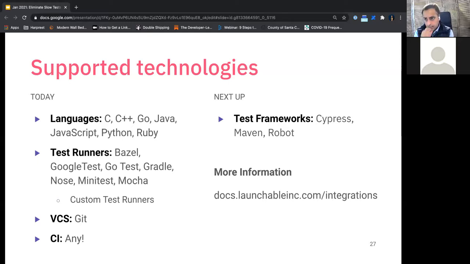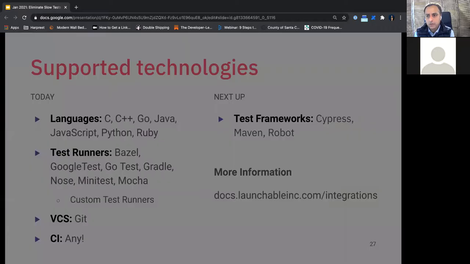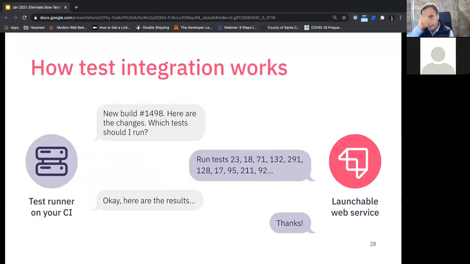Right? So that's the point about how it cuts across a number of stages and languages, but how does this test integration work? I alluded to this in the CLI command page, but at the heart of it, it's very simple, right? You're about to run your builds, you build some, and then you're about to run your tests. And the test runner runs the tests in whatever order it wants to.